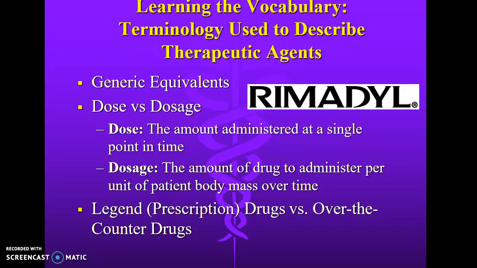So the term generic also has a significance in that when a drug is first being developed and studied to be brought to market, a company will get the exclusive rights to sell that drug for a period of years. It's usually about 20 years.